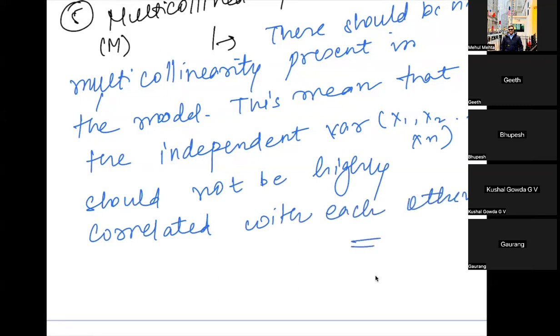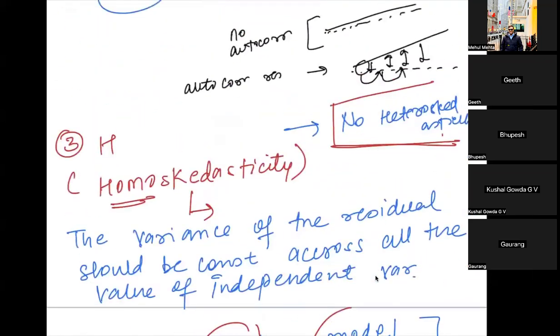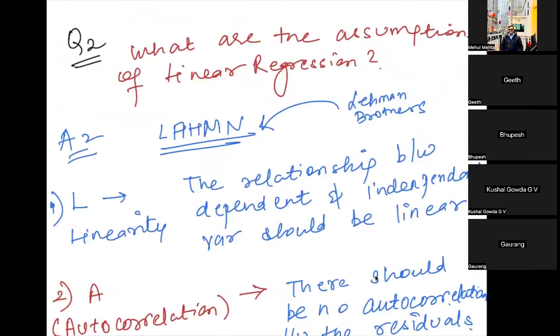So these are the 5 assumptions of linear regression. I'll walk you through them again. Just remember this term: LAHMN. L stands for linearity, that there should be a linear relationship between your dependent and independent variable. A stands for autocorrelation, that there should be no autocorrelation present between the residuals. H is homoscedasticity, that is the variance of the residual should remain constant across all the values of independent variables.